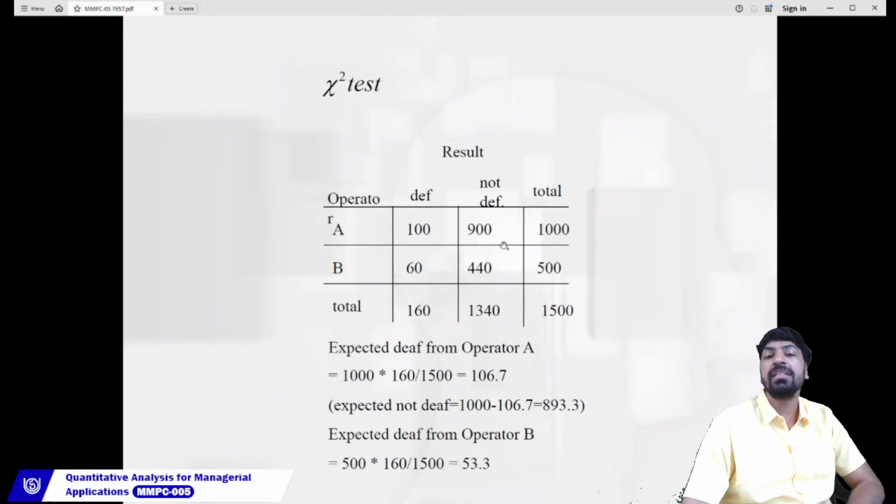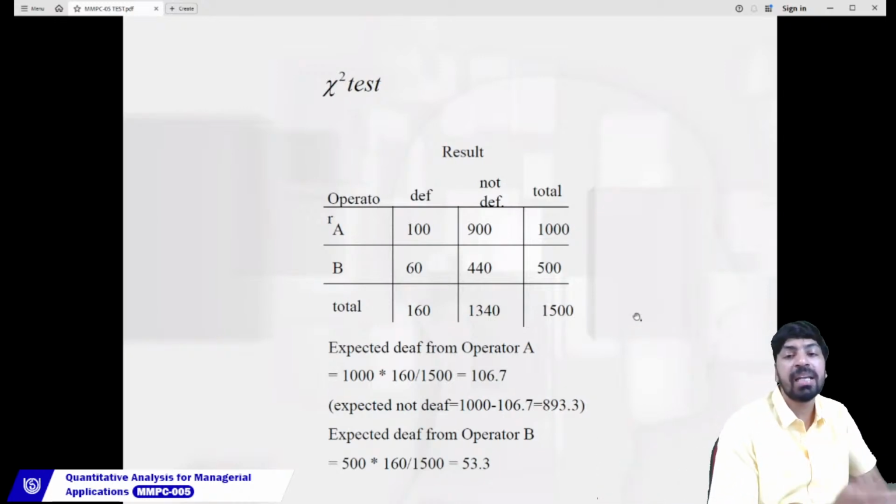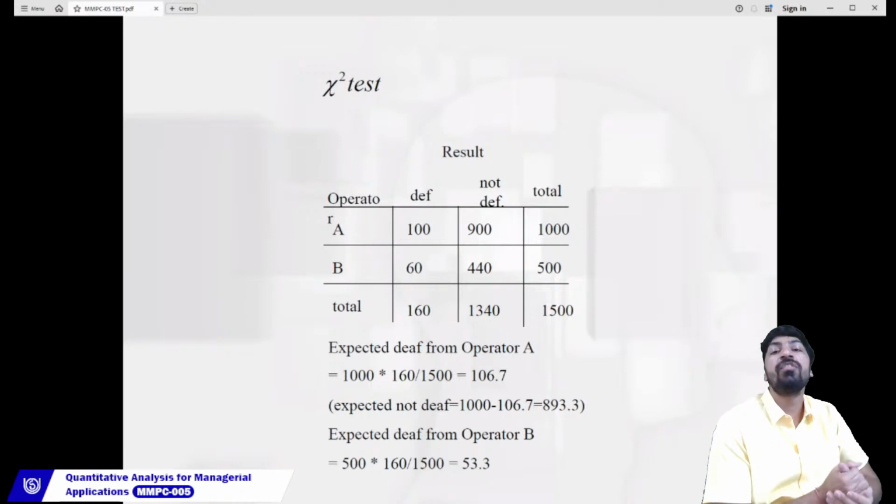Now the second is 440. 500 into 1340, that means row total into column total by grand total, that is 1500. So 500 into 1340 by 1500, you will get the expected frequency of non-deafness under B operator.